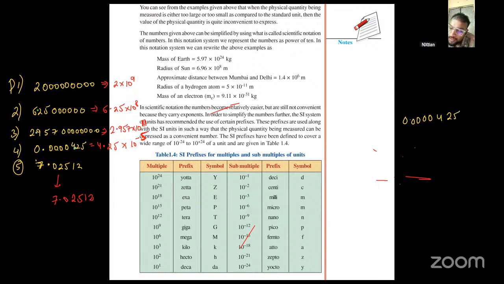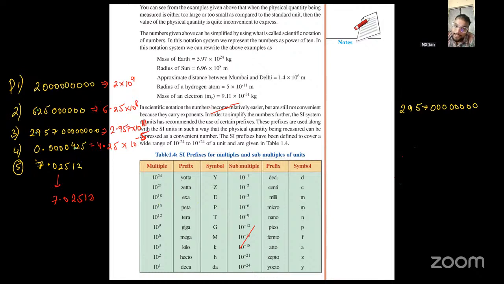The third one? You want the third one? The fourth one. Okay, I'll put the fourth one. The fourth one is 2957 and then 1 2 3 4 5 6 7 8. This is the question. Yes or no?